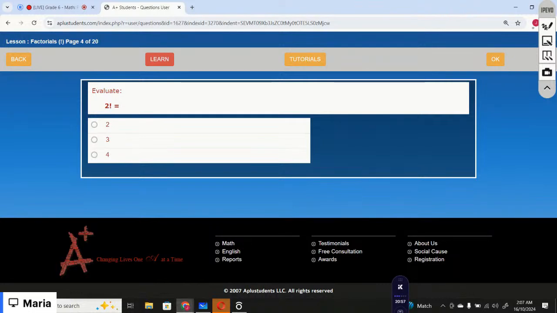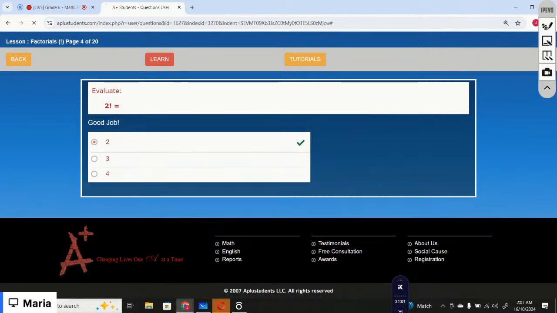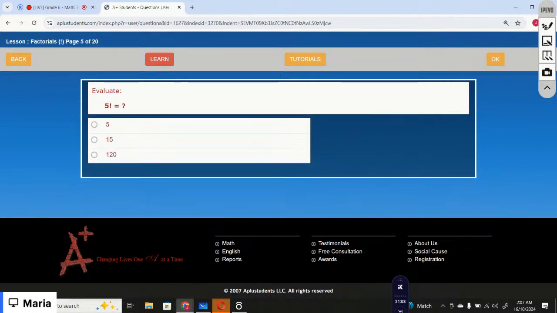Option number 1 is the correct option. The next one is 5 factorial, which is the correct option.